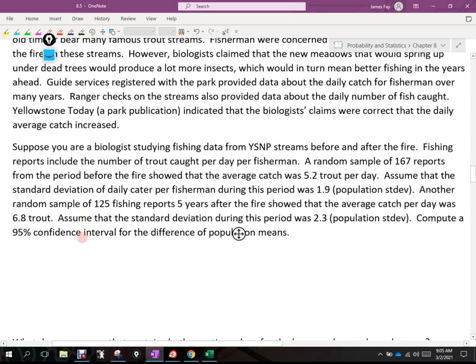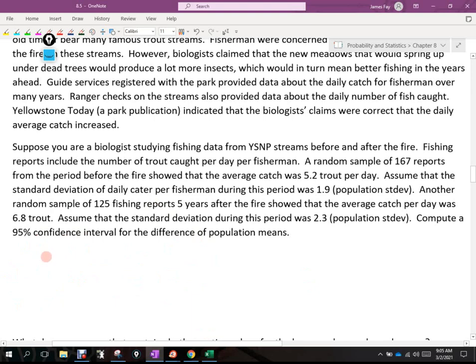Okay, so this is a chi-square distribution, and I want a 95%. So what we're going to do here, we're going to go n minus 1 times my variance over chi-squared right less than variance squared less than n minus 1 variance over chi-squared left. Why am I doing that? I'm wrong. We're doing differences.